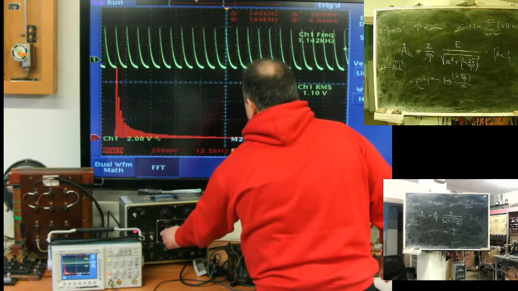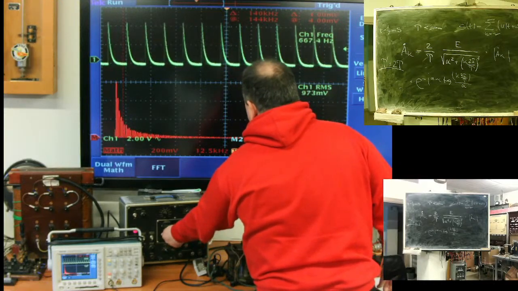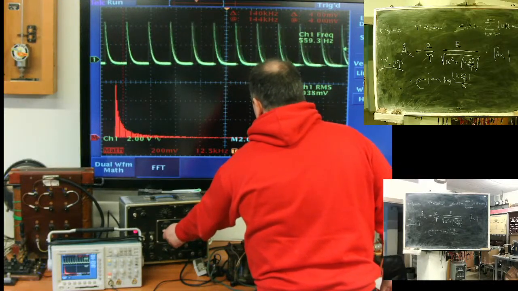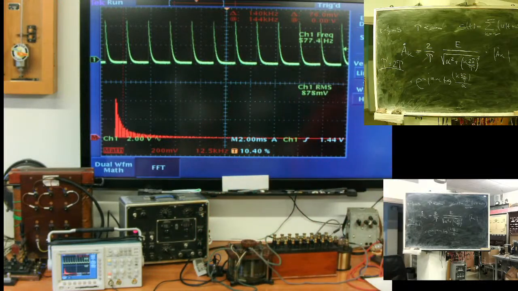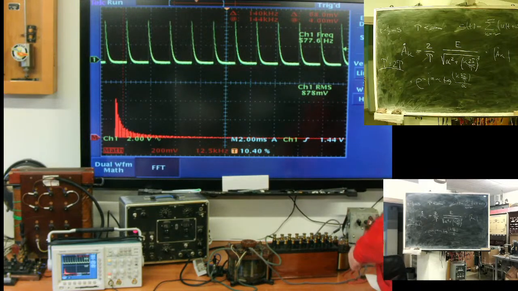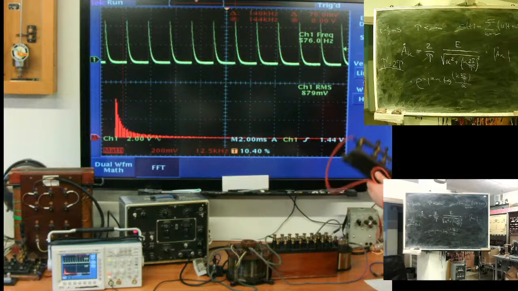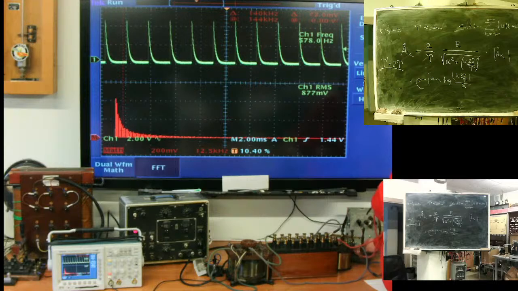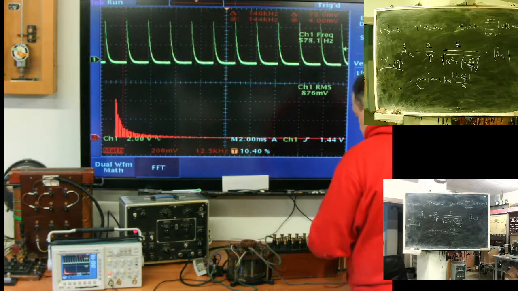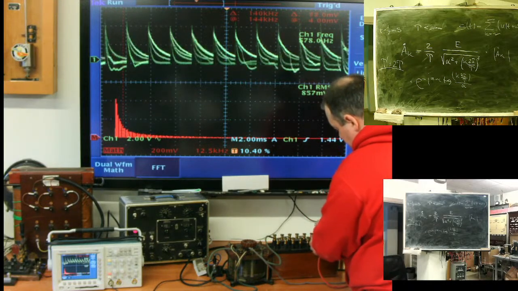Now I have 200 kilo ohms and I'm ready. I have the switch. Simple switch.